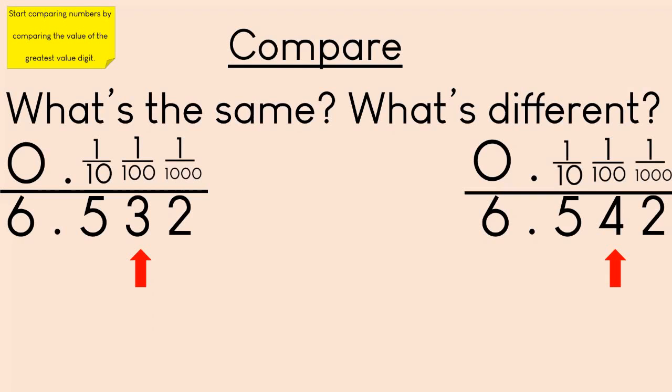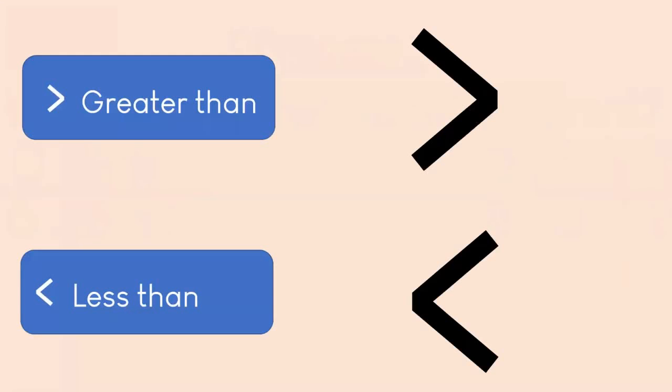Okay, so now we need to express that difference in a particular way. All right, so we come to the two symbols that we think of most readily when we talk about comparing numbers: the greater than symbol and the less than symbol. The reason they're like this is nothing to do with crocodiles eating numbers.